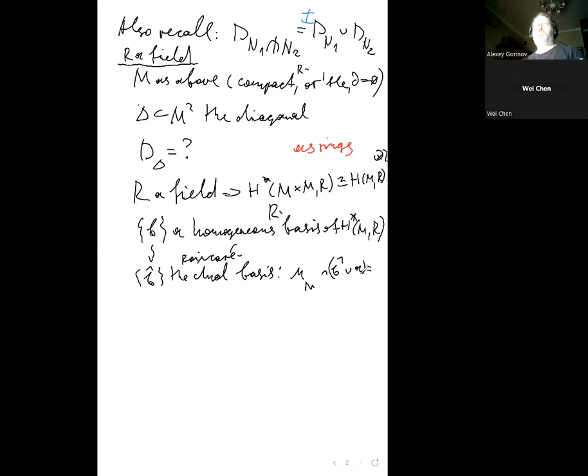is delta AB, which is 1 if A equals B, and 0 if A is not B. Sorry, and by the way, there's an extra roof, which is not necessary.